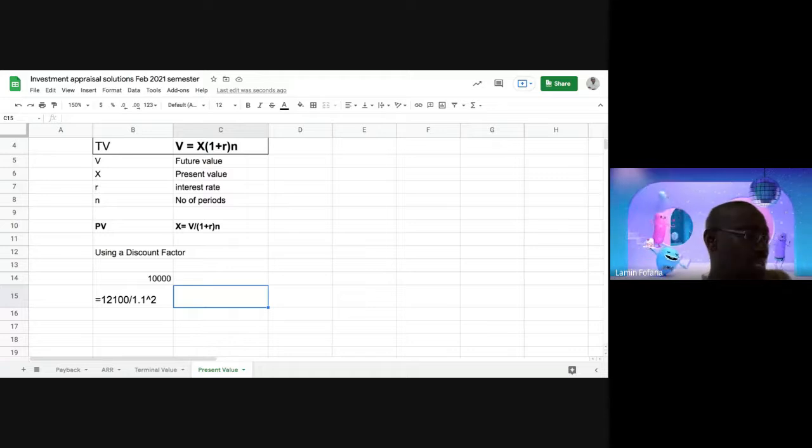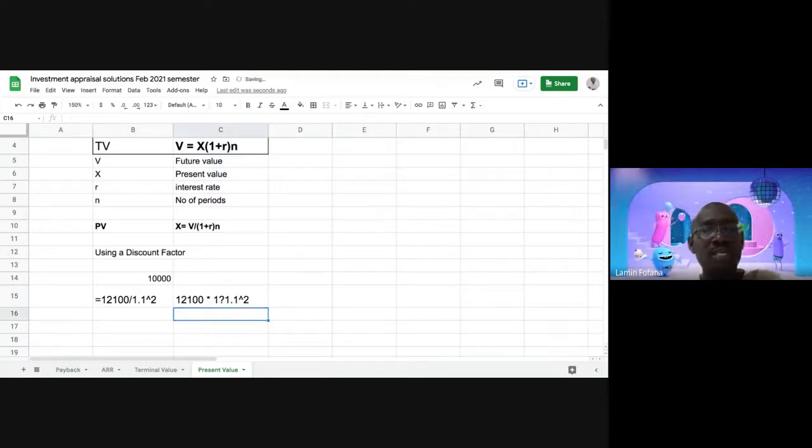Is this not equal to 12,100 multiplied by 1 divided by 1.1 raised to power 2? Is it not the same?